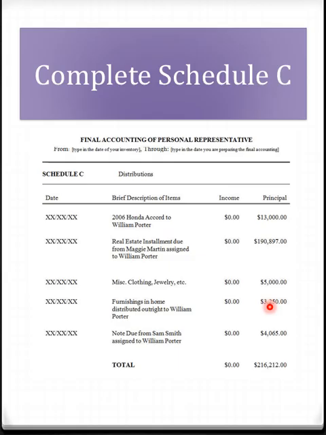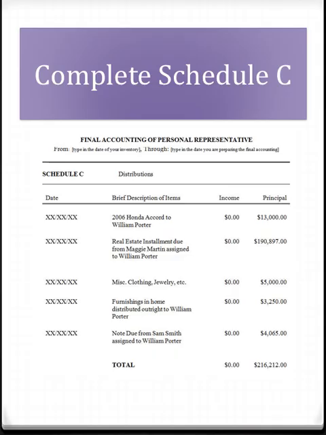And what I guess I'm trying to stress is that the inventory states the value of the items, and you use that carrying value here in the Schedule C. These items that are listed here are listed at this amount in the inventory, and nothing is different. It's the same value today as it was when the inventory was done. And we total that amount here, and the zero amount as well, and Schedule C is completed.